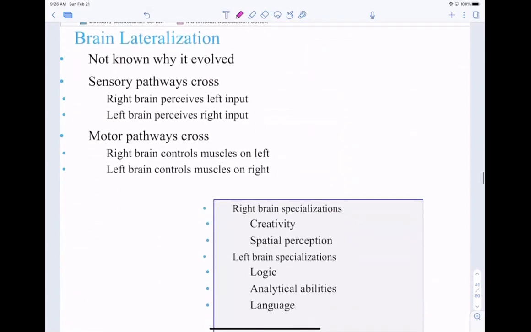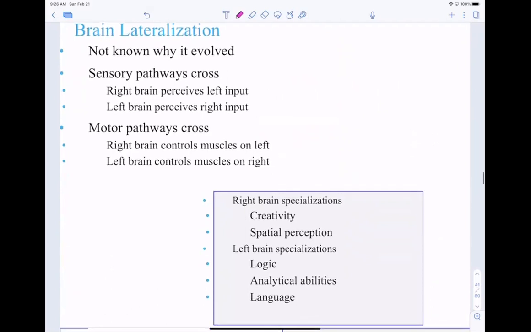Lateralization, why there's crossover, not really known why it evolved that way, but this kind of goes over what I talked about with this crossover of the pathways. There is brain hemisphere specialization, right?